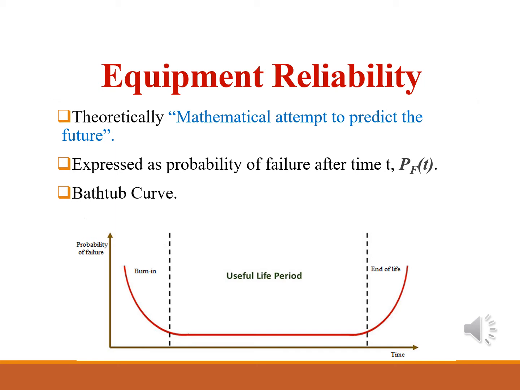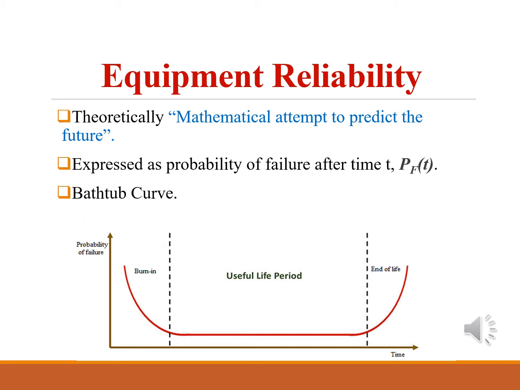So, reliability of a component can be expressed in terms of probability of failure after time t. For most electronic equipments, probability of failure is higher at the beginning of life, the burn-in period, than at some later time.